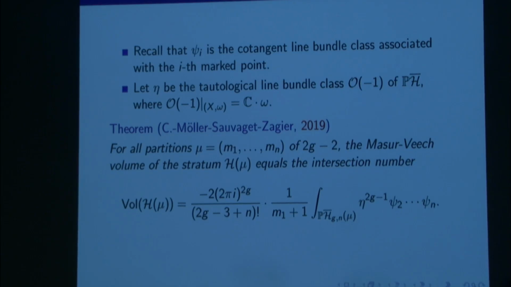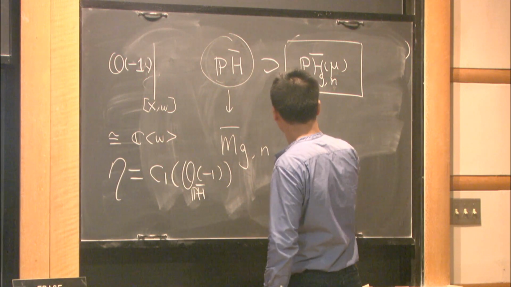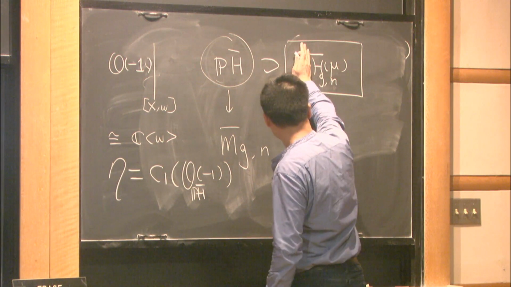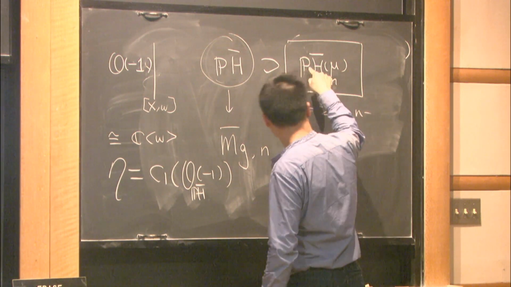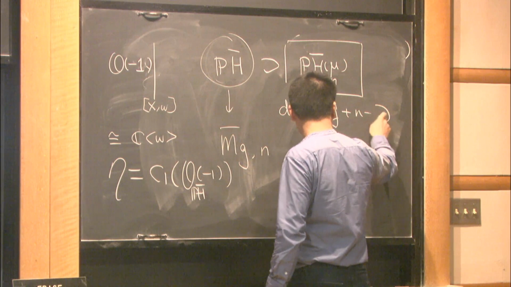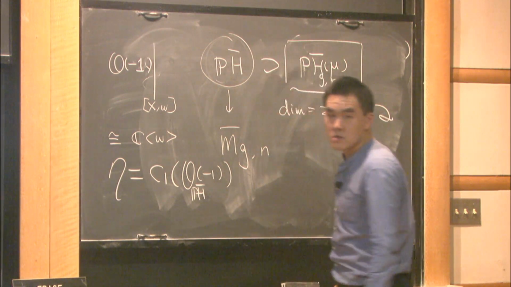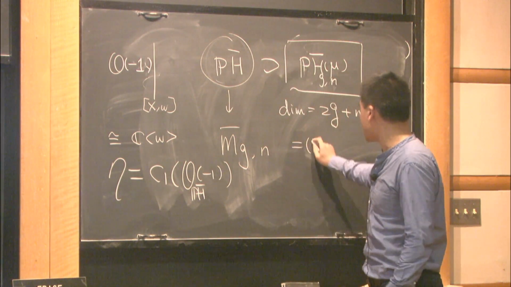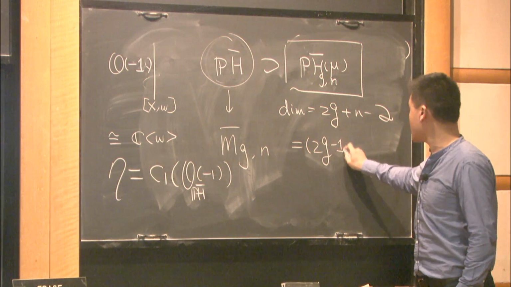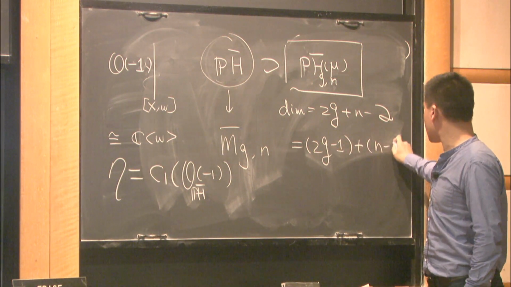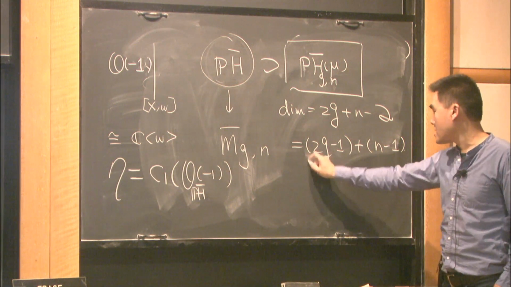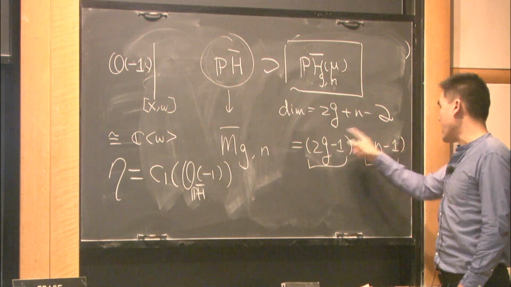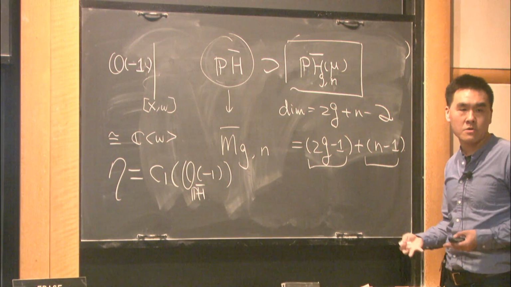Okay. Let's work out the dimension of this space. The complex dimension is, originally, if I don't projectivize, 2g plus n minus 1, right? But now projectivizing, I subtract one more dimension, so it becomes 2g plus n minus 2. Let me write it this way: 2g minus 1 plus n minus 1. In order to get a finite number, I need in total this many first Chern classes to multiply together.